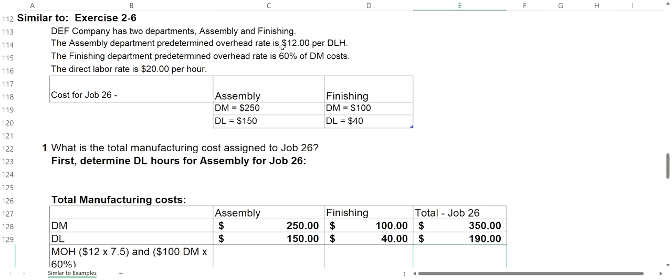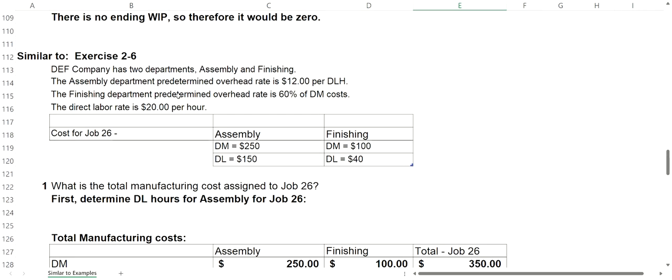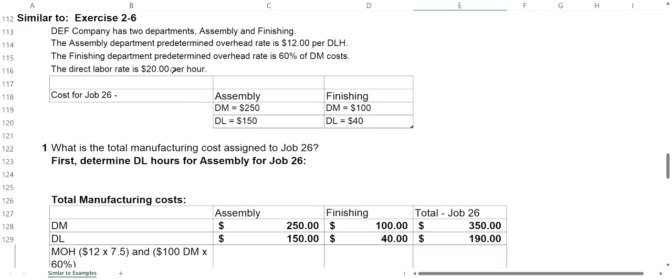So let's go back to it: it is $12 per direct labor hour. But like in the previous problem, we know the application rate is going to be $12 an hour. We know the actual rate is $20 an hour. We know that in assembly, which is the department that uses direct labor hours, the direct labor cost was $150. So we want to do what we did before.